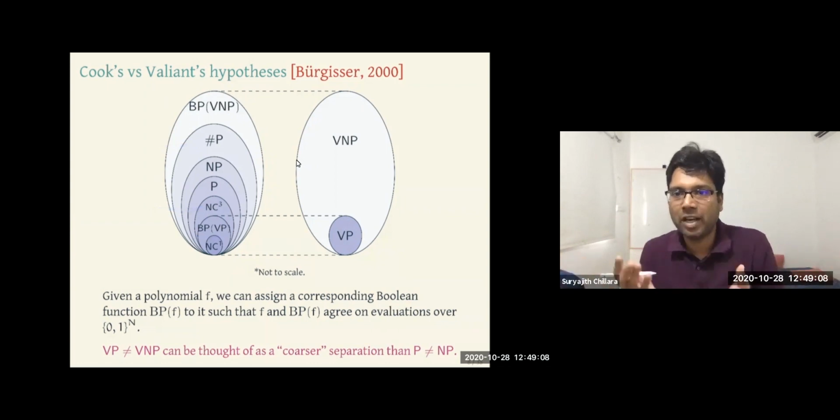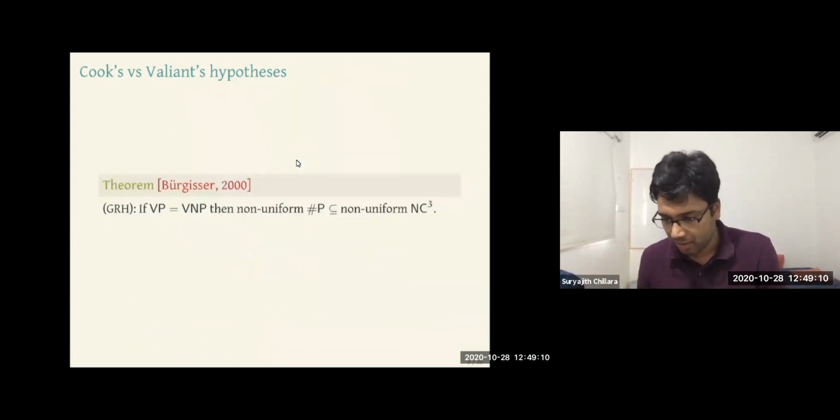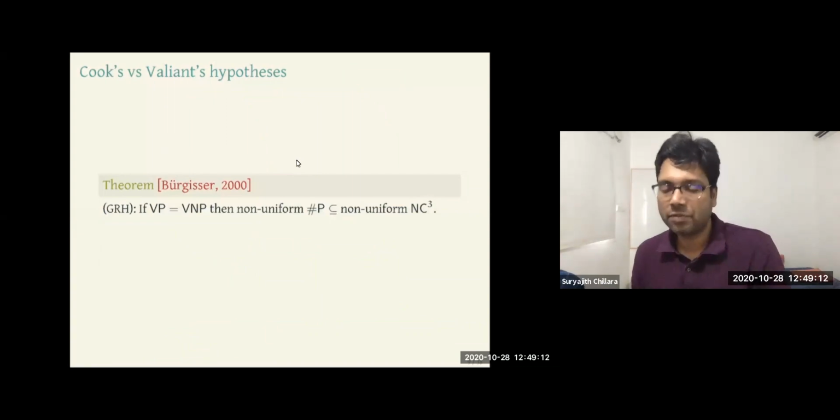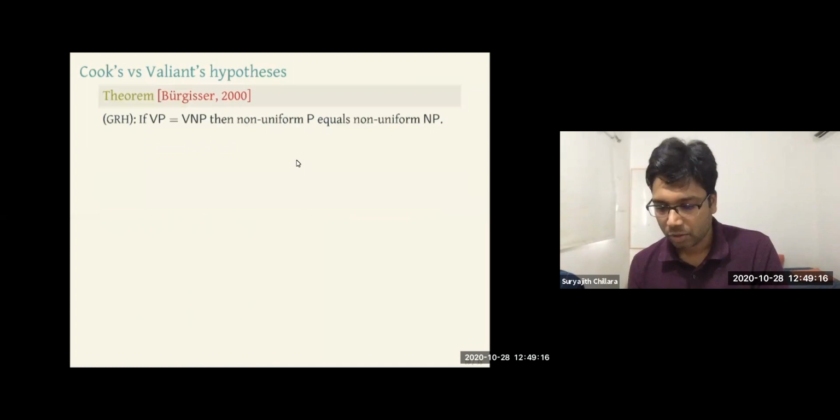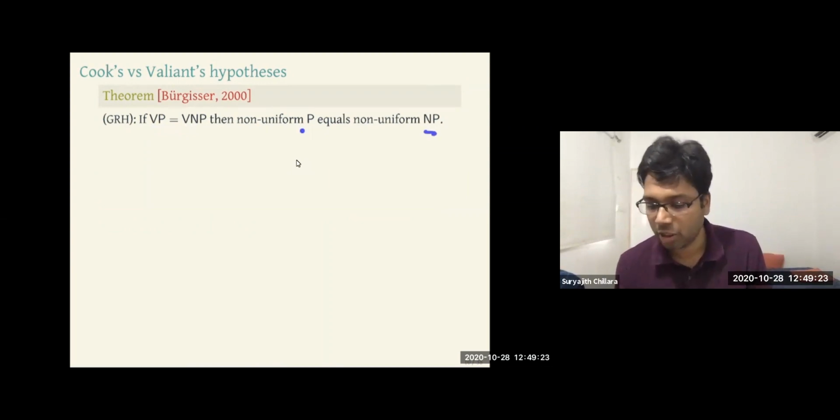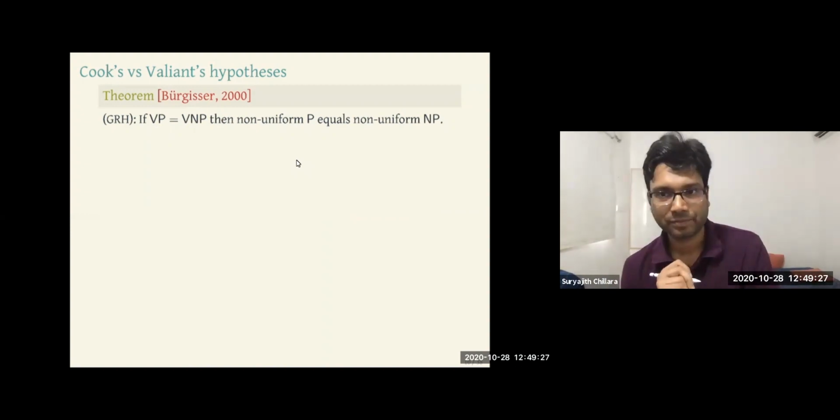So this is a big collapse. Put in terms of things that we already know, if VP is equal to VNP, then non-uniform NP collapses to non-uniform P. That is, P/poly is equal to NP/poly.